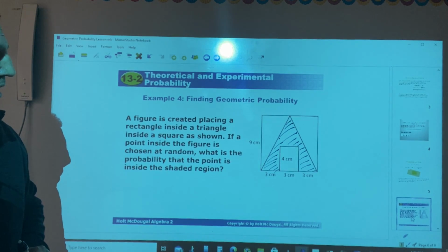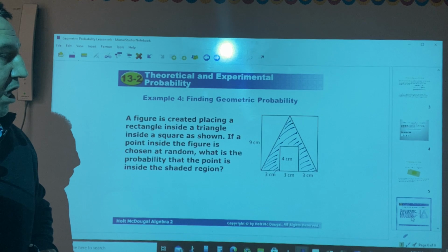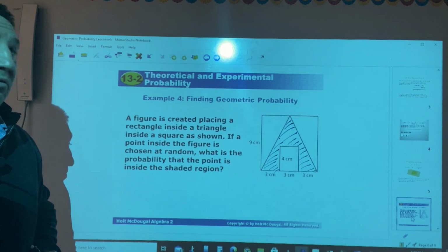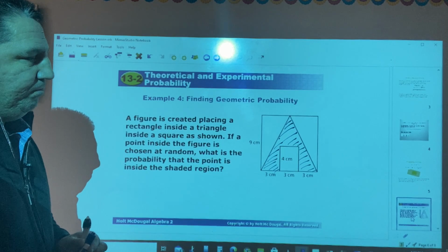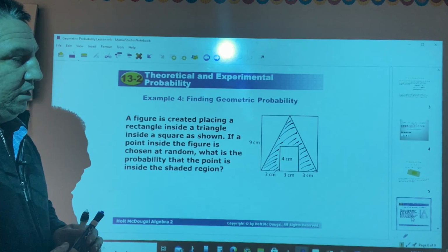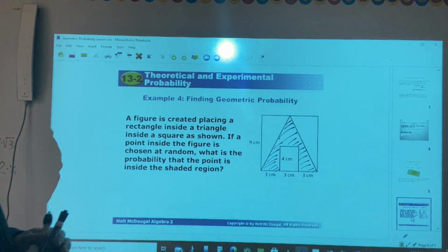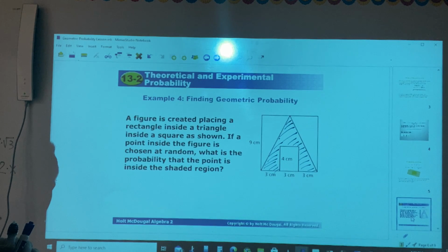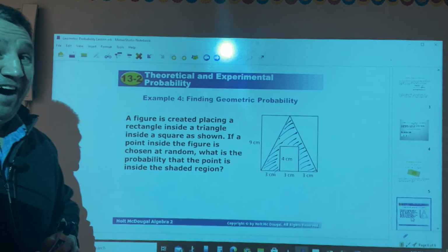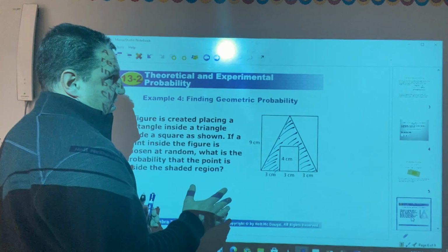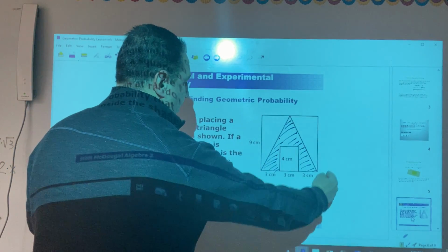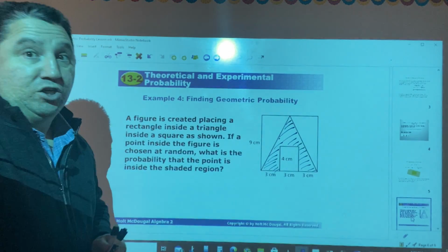Now, to find this probability, first we have to find the area of the square.